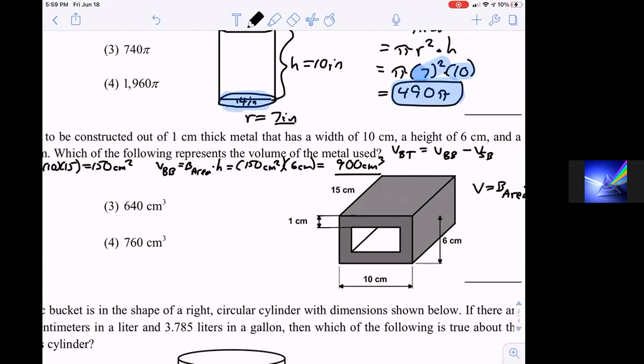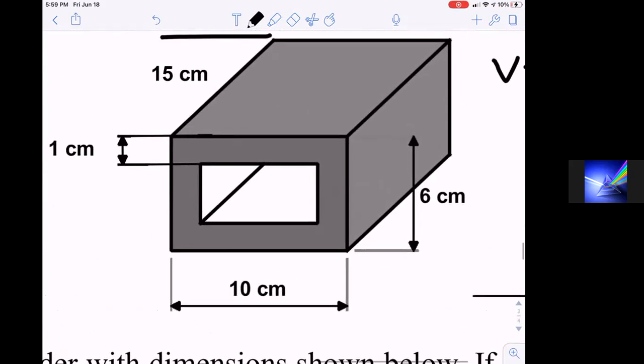The volume of the inner box, well, let's look at the dimensions. You'll have the same length. The length will still be 15, but the height is going to be different. The height is 1 inch less.